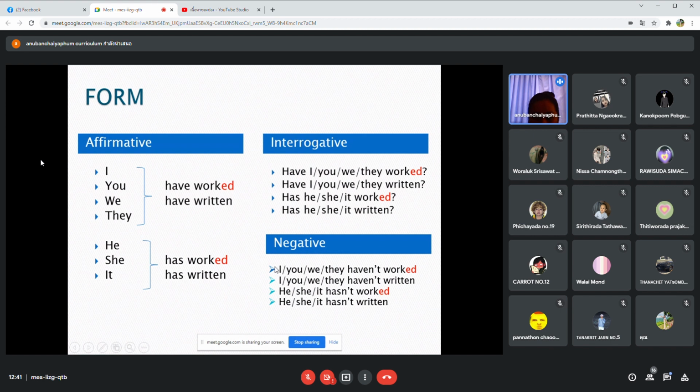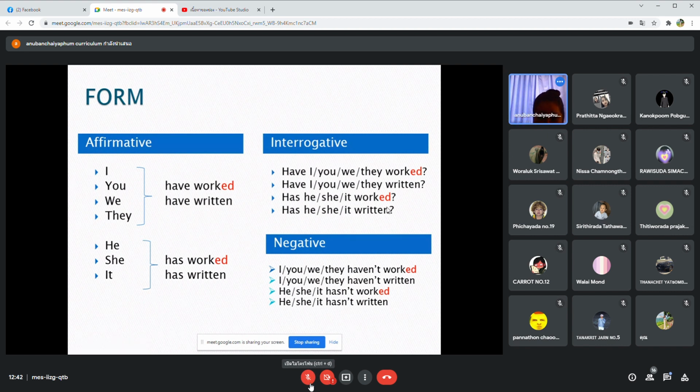So for the negative, what is changed is the have and has. Instead of using have or has, we add not, but shortened into haven't, hasn't. Do you understand? Haven't is a short form of have and not, N-O-T.